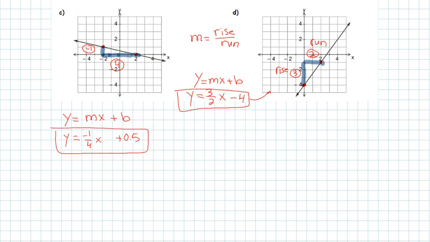Okay? So remember that you're looking for two clear points on the line, and then you're gonna see how much you have to go down or up and over to get to that point. Okay? You're always forming kind of a right angle triangle between the 2 points.